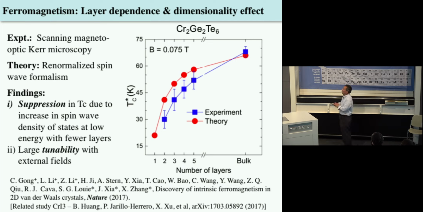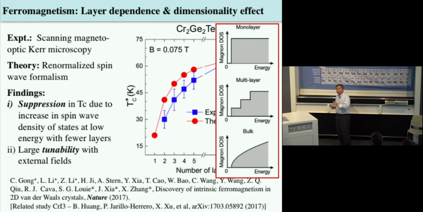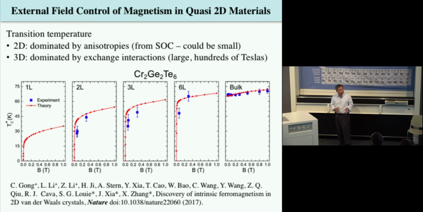The theory we did for understanding magnetism in these materials uses a renormalized spin wave formalism. Because of limited time, I'll just say a few things about what we find. One is, of course, that Tc is suppressed as you go to thinner layers. That's not surprising.